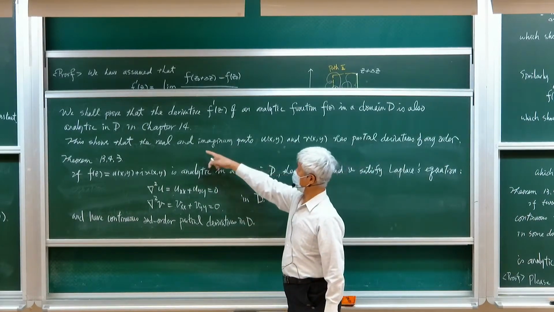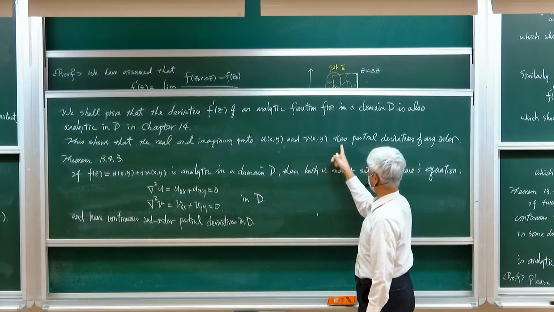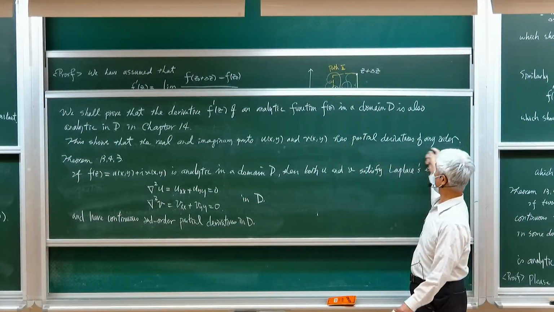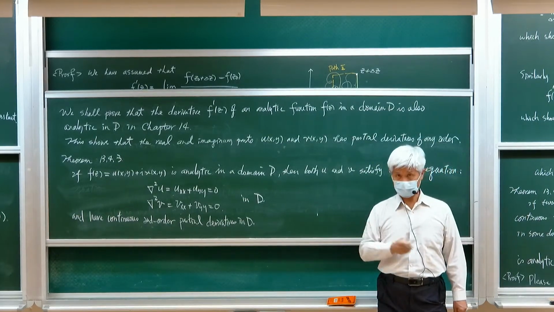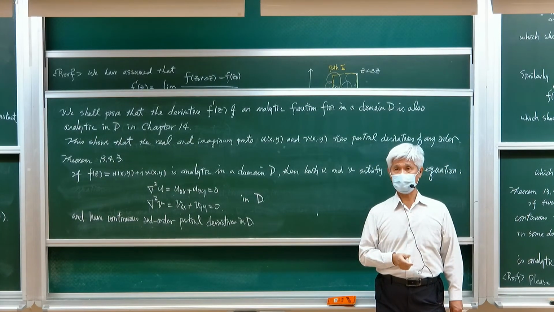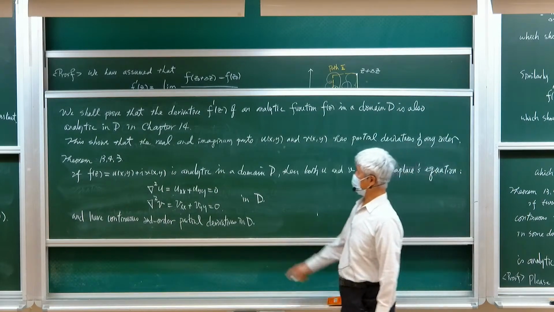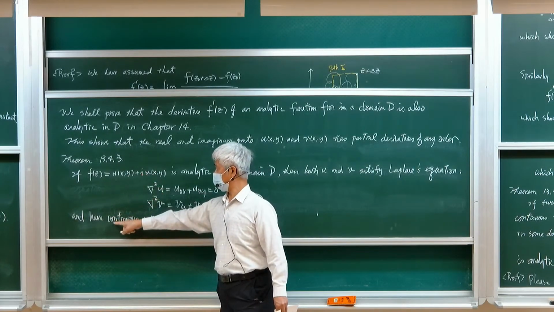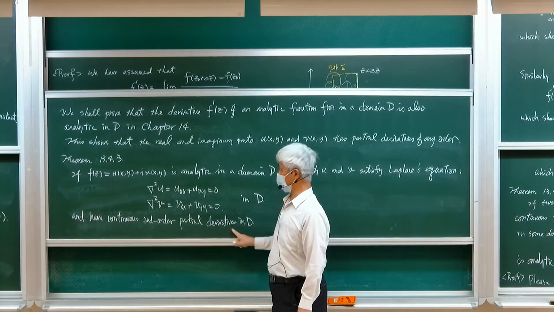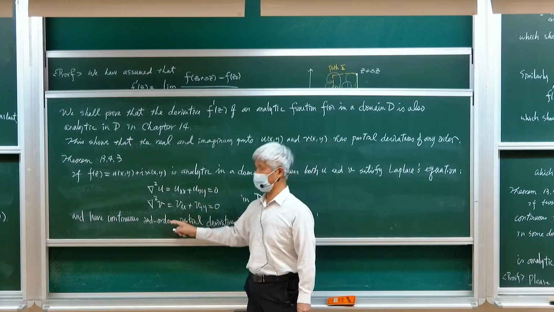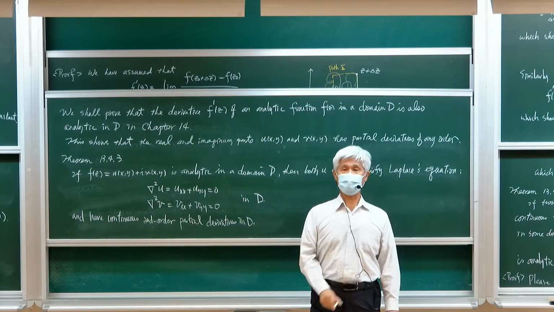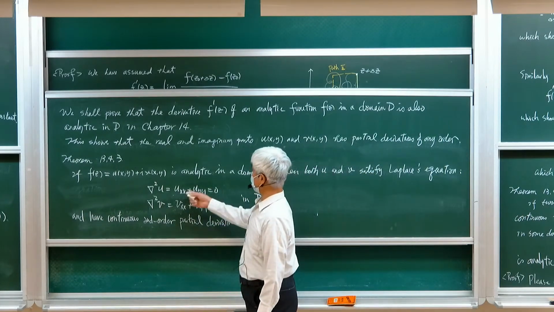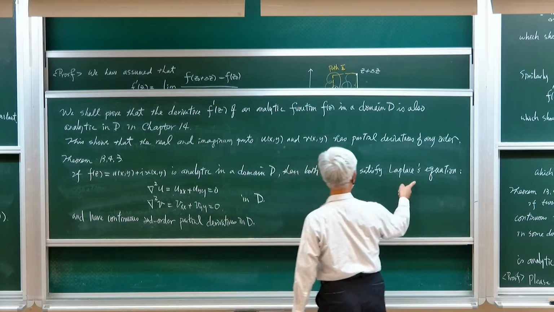So the real and imaginary parts u and v have partial derivatives of any order, and because of that, any partial derivatives should be continuous. Actually, they have continuous partial derivatives of any order, and they satisfy the Laplace equation.